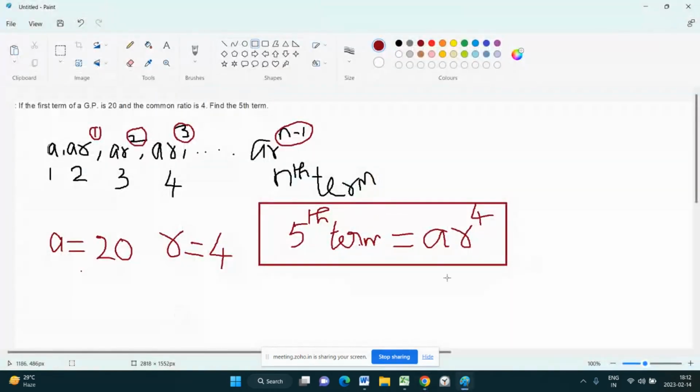So now I know A, which is 20, into R. R is 4. 4 to the power 4. Tell me what is the answer?